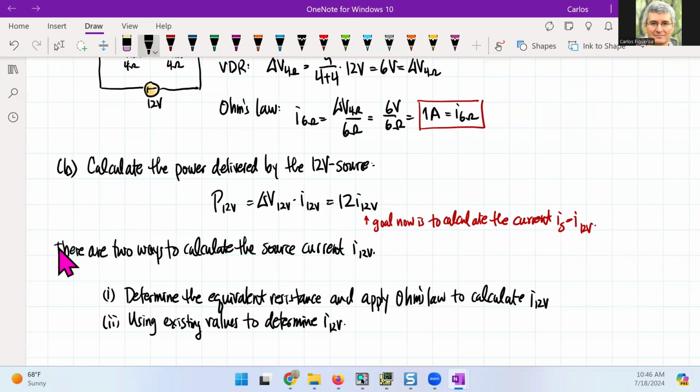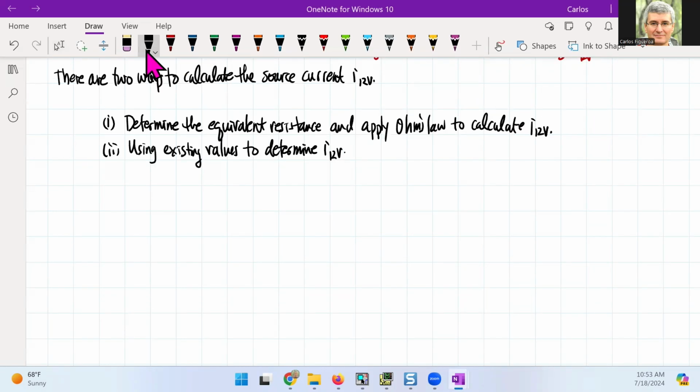So let's do the equivalent resistance circuit first. So this will be the equivalent resistance method. So we start with the circuit.